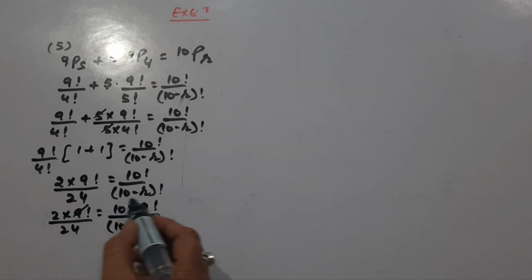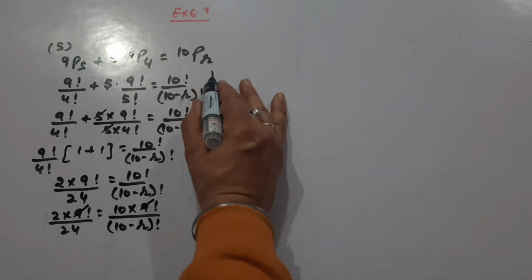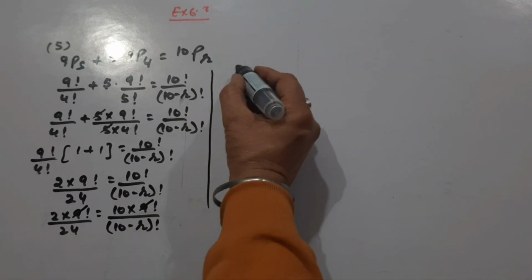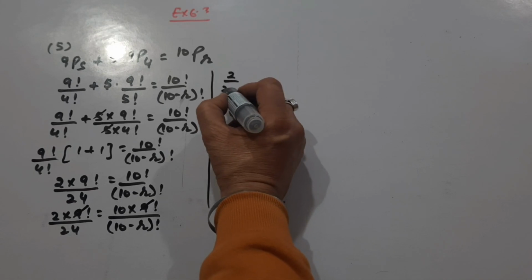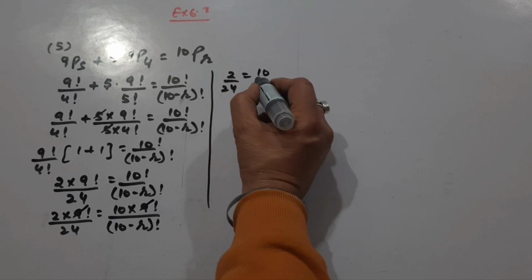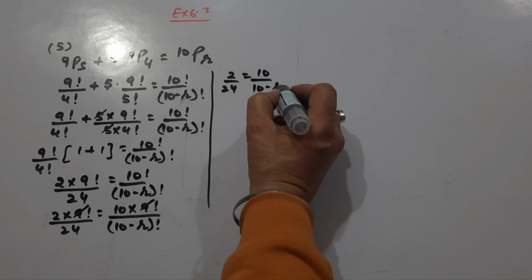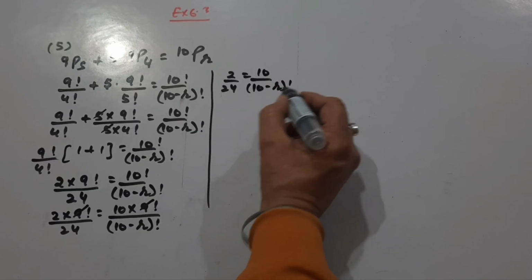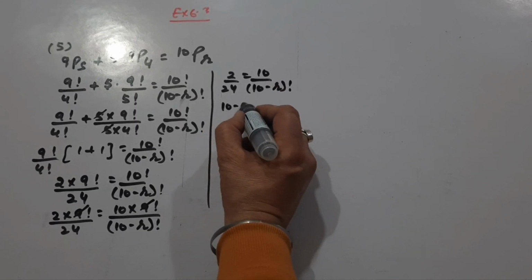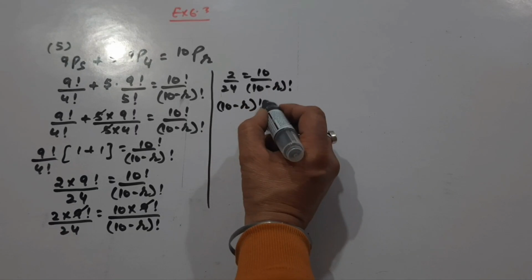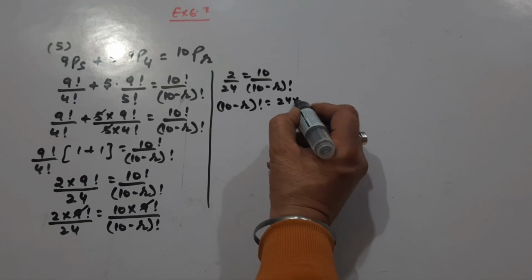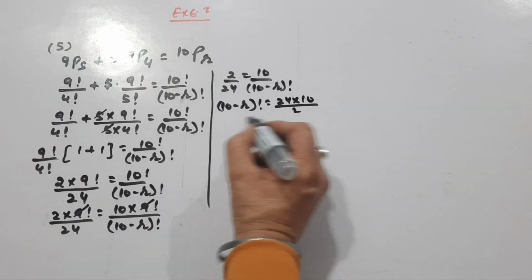Now cancelling 9 factorial with 9 factorial. Now we get 2 upon 24 equals 10 upon (10 minus r) factorial. So it implies (10 minus r) factorial is equal to 24 into 10 upon 2.